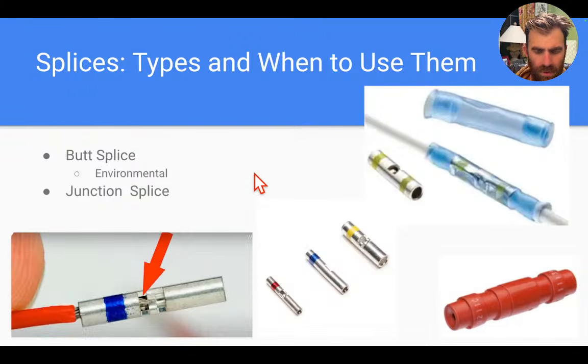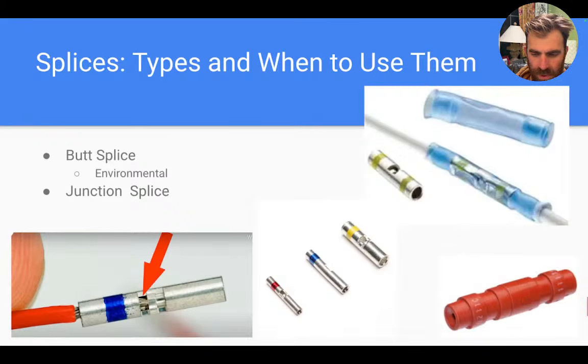All right, so a bit about splices here. These are really commonly used splices. They're basically just butt splices, but also called an environmental splice because there's a little plastic sleeve that goes over them that gets shrunken down with a heat gun or heat source, and you can see there's a little glue that gets squeezed out the ends to protect the metal and the wiring from the elements.